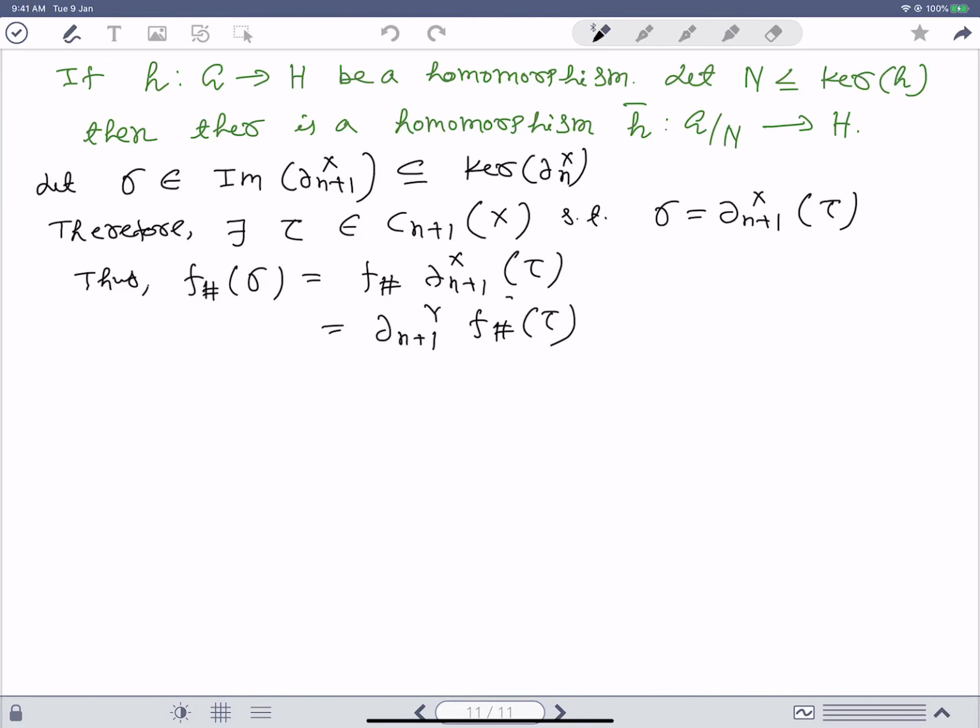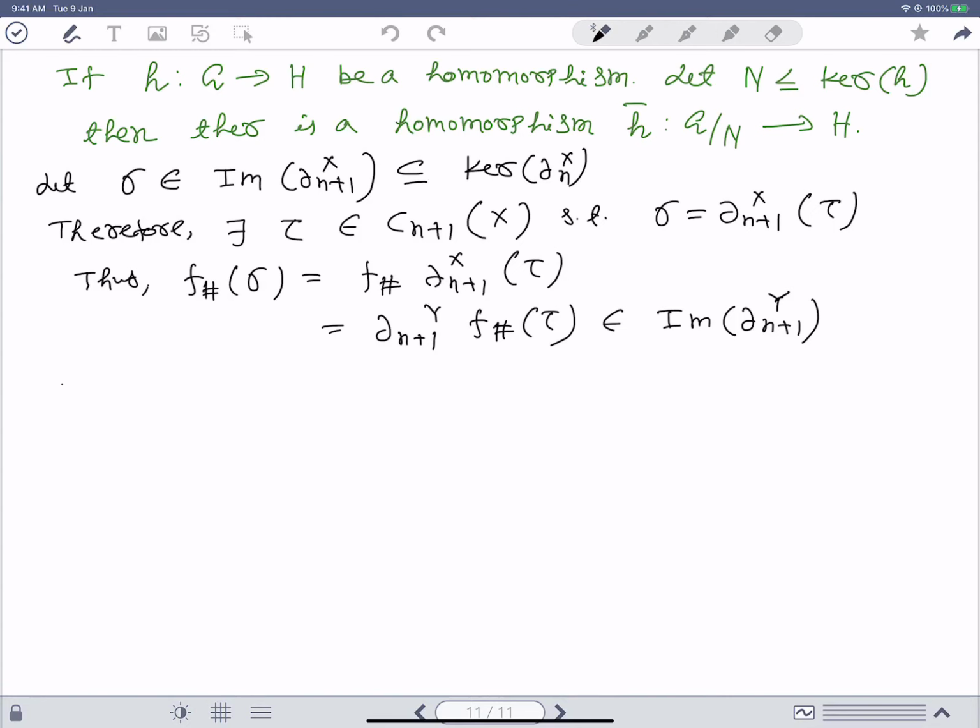Now this one is an element of C n plus 1 y, and we are applying the boundary, therefore it belongs to image of del n plus 1 y.